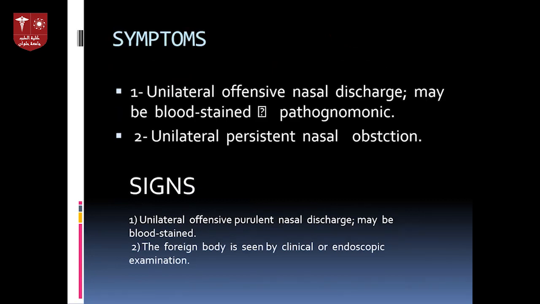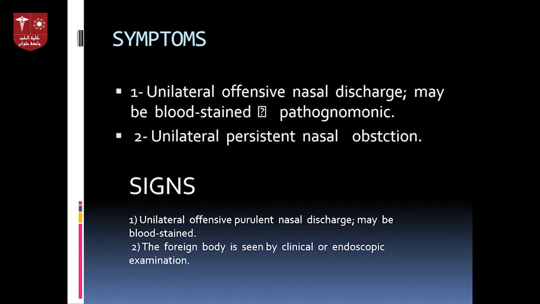What happens to a patient when he inserts a foreign body in his nose? Usually he puts it in just one side. So there will be a unilateral offensive nasal discharge, maybe blood stained, which is pathognomonic. You'll see unilateral blood-stained discharge coming from just one side.